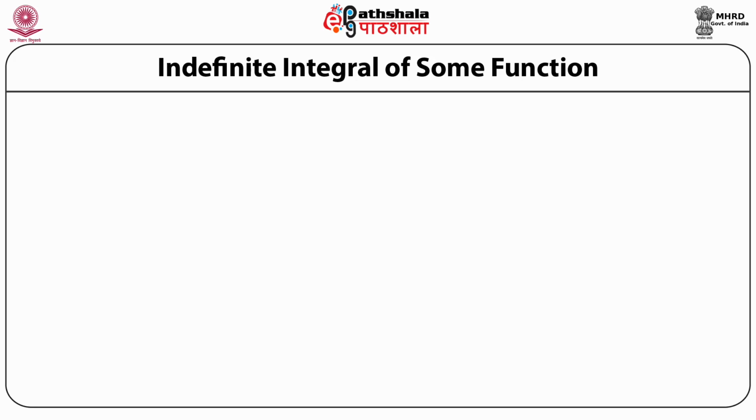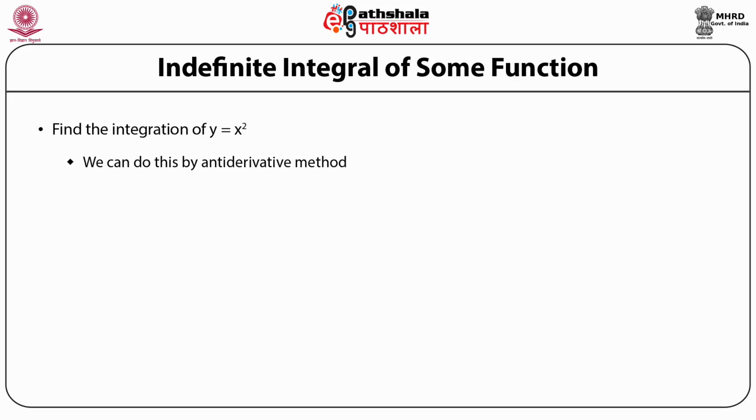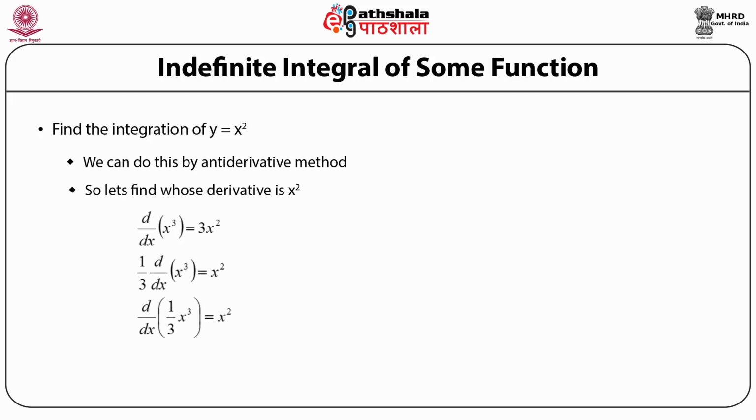Indefinite integral of some function. Find the integration of y is equal to x squared. We can do this by the anti-derivative method. So let us find the function whose derivative is x squared. d by dx of x cube is equal to 3x squared. So therefore 1 by 3 of d over dx of x cube is x squared.